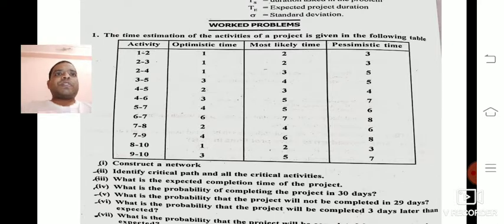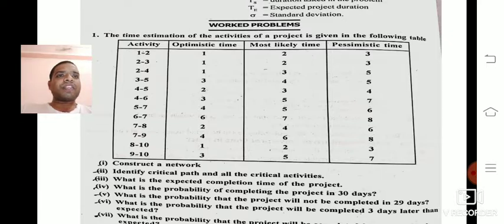He has given optimistic time, most likely time, and pessimistic time; A, M, B is also given. These are the questions that they ask. Construct a network. Identify the critical path. What is the expected completion time of the project? Fourth one is, what is the probability of completing the project in 30 days?